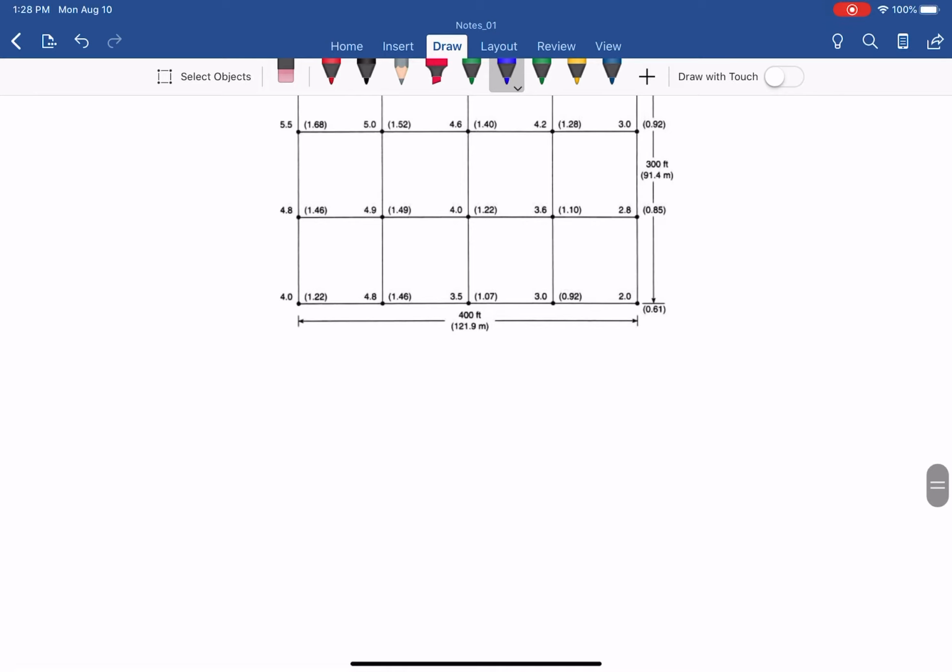So let's write down the volume equal to the horizontal area times the average depth.